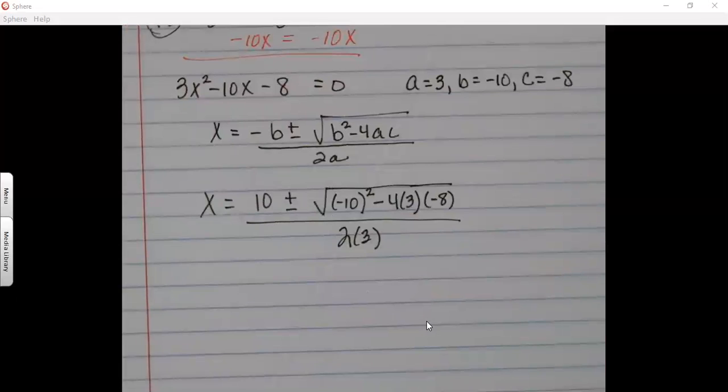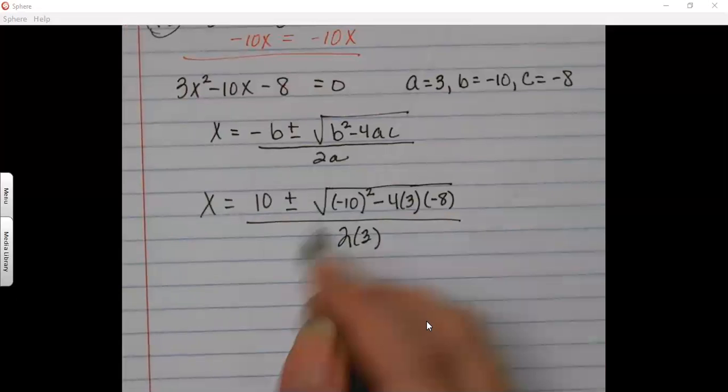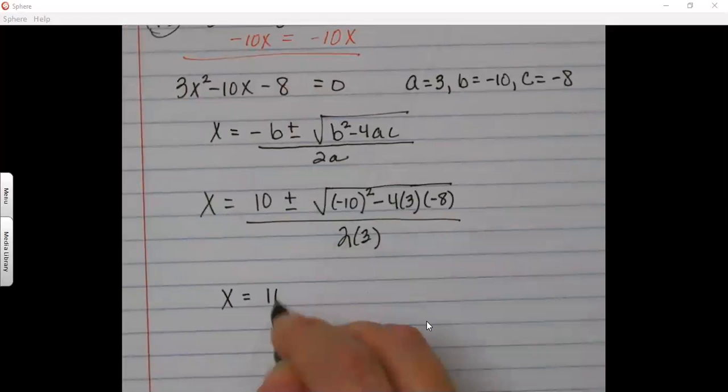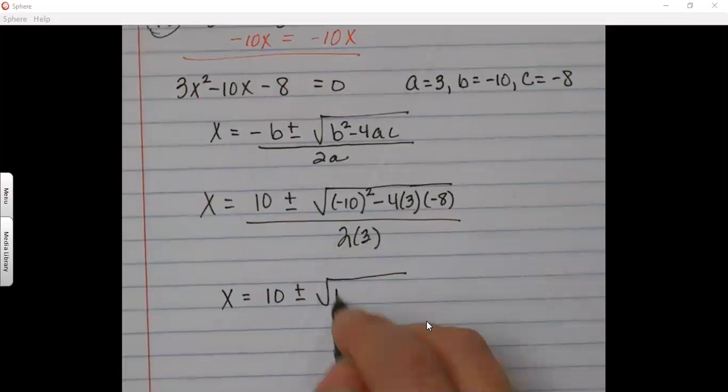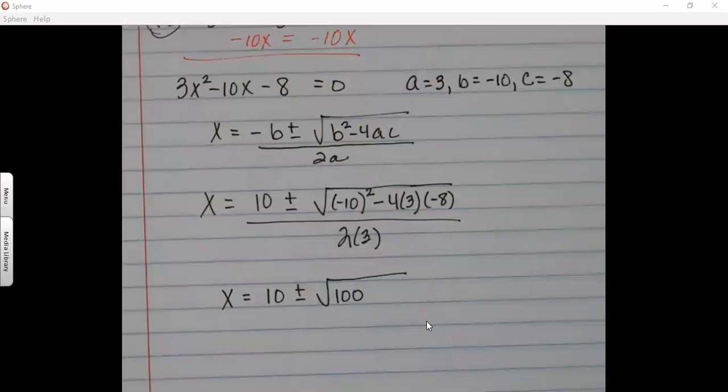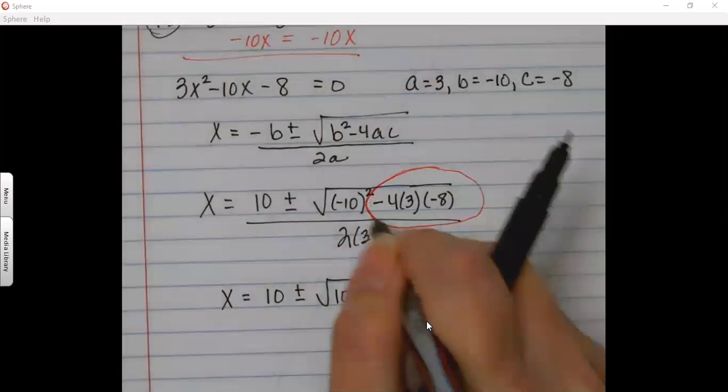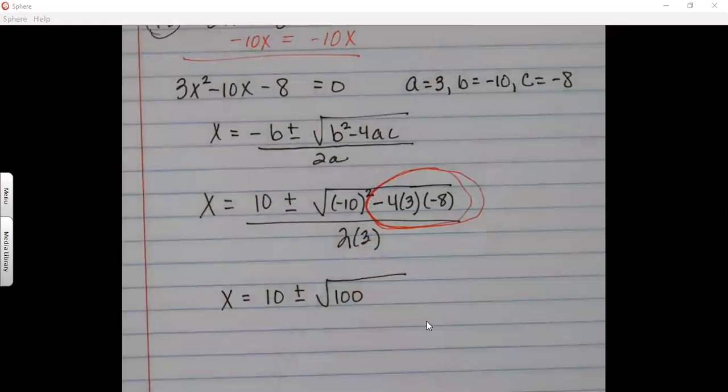Then we simplify. X equals 10 plus or minus the square root of 100, and it's positive. Every time you square B, it's going to be positive, because a negative squared is positive and a positive squared is positive. Please do the minus 4AC all at the same time, including the negative and everything. 96, positive 96?